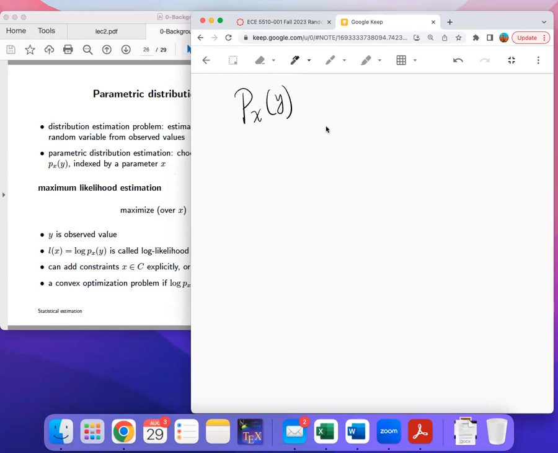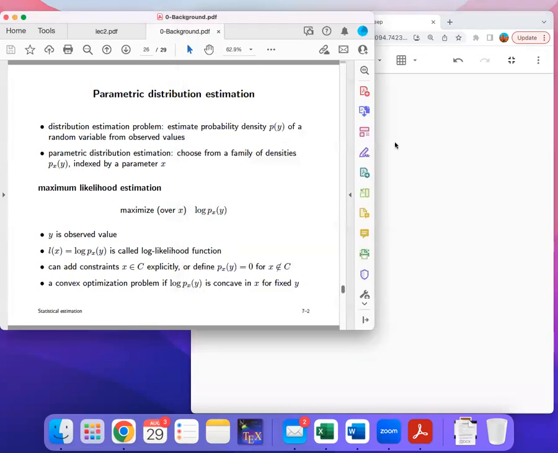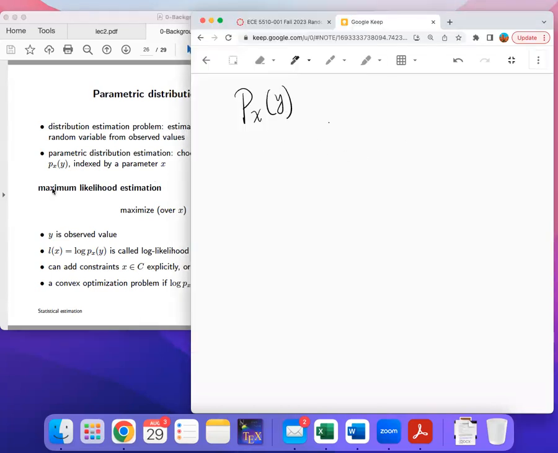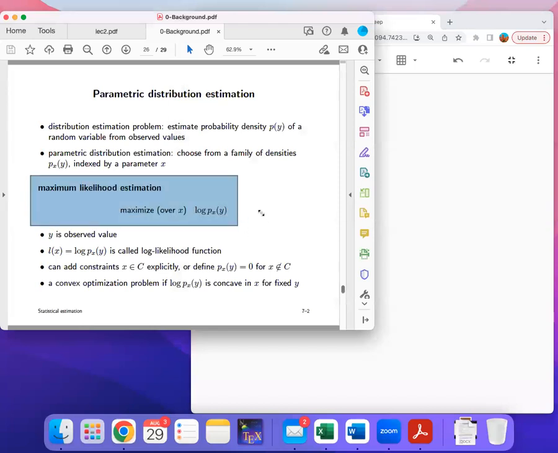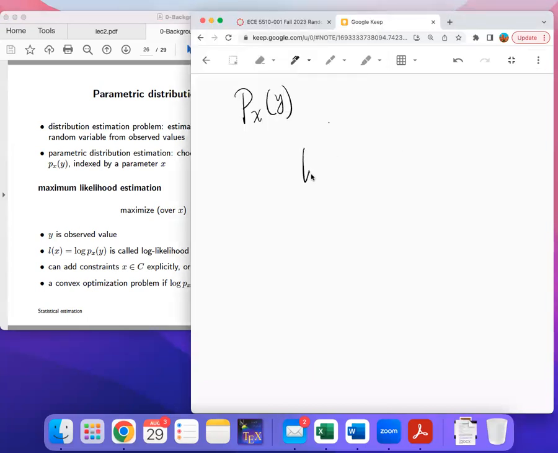And this X is what we call the feature of the patient. Okay, we will see some examples later. And in many cases, we are looking at this maximum likelihood estimation. So we are looking for a variable X so that it maximizes the log of this likelihood.